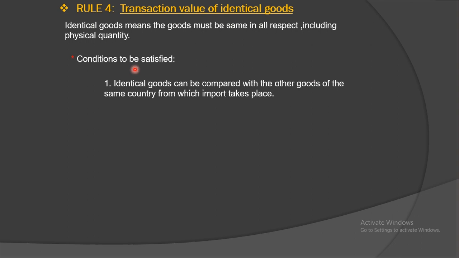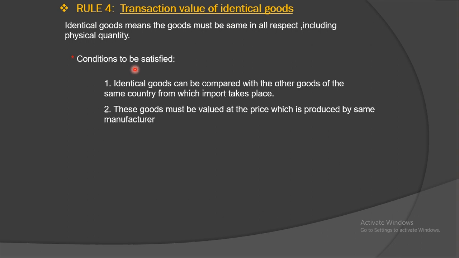So we are easily able to compare. Another condition is that these goods must be valued at the price produced by the same manufacturer. So we have to take the price of the manufacturer, like Hero Splendor and Hero Passion.